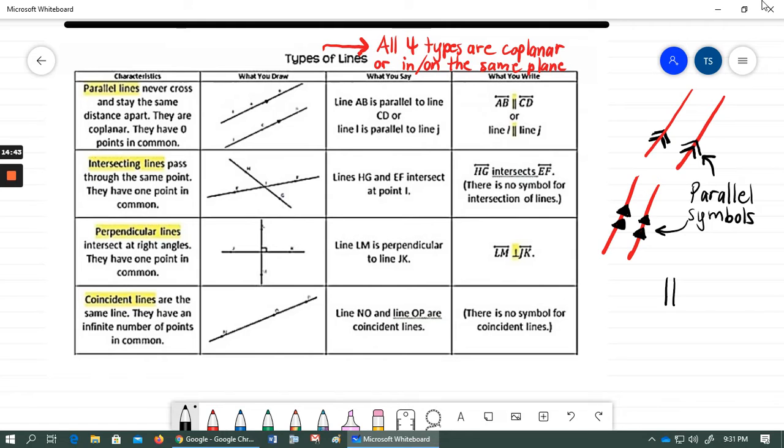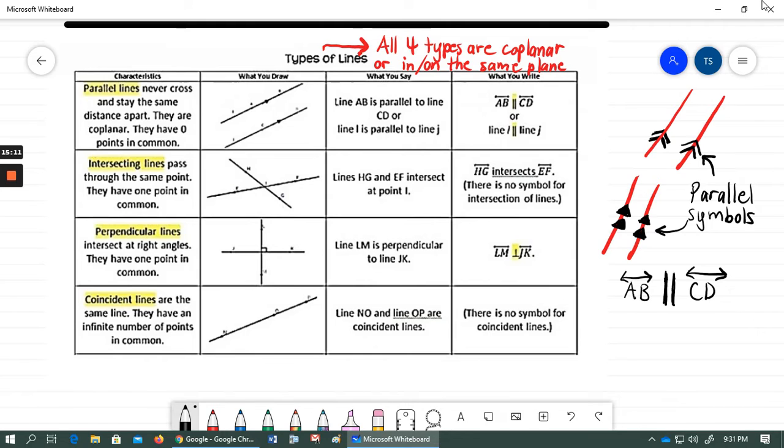So it may look something like that: line AB is parallel to line CD. This symbol right here that sort of looks like that is another symbol that may be used to describe parallel lines. These are important for you to know, folks.